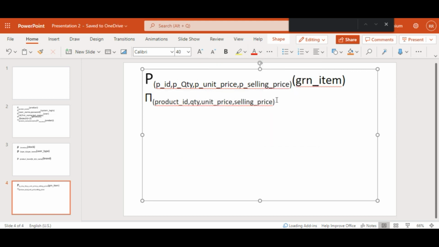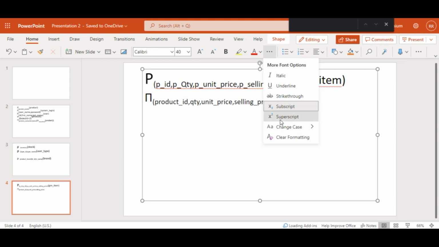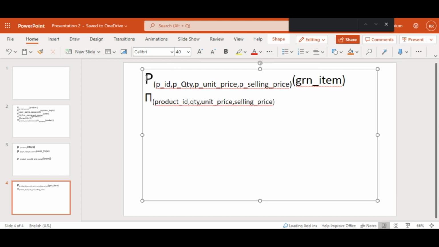And after that we now have to mention the table name. For that we can use this operator, this operation.